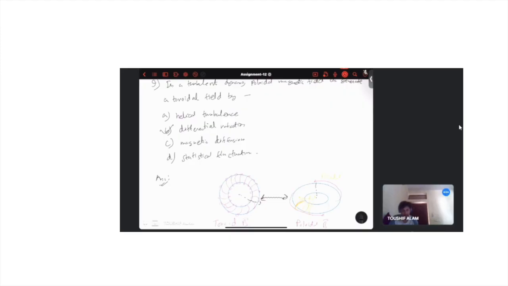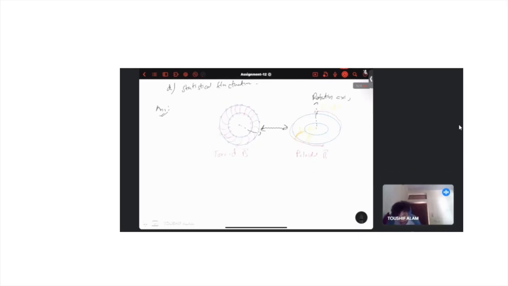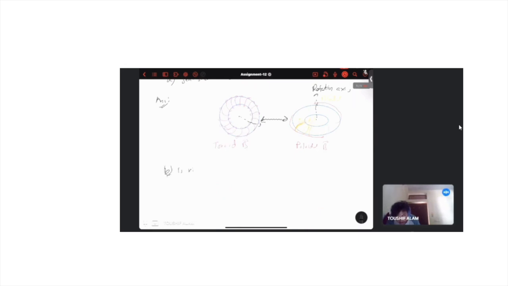If the rotation axis is coming out, or here, rotation axis, if the differential rotation is there, it can generate toroidal magnetic field.